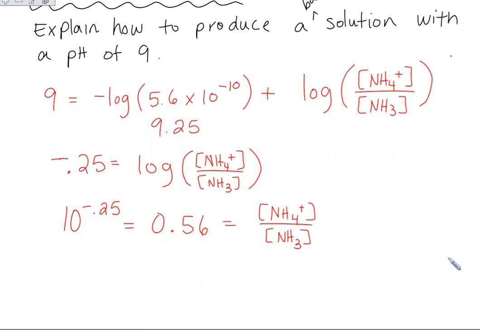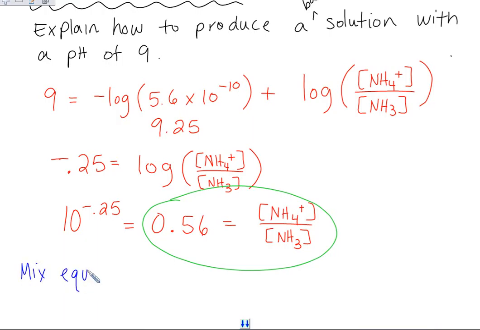Okay, so now here's where we can explain how to make the solution. They're not going to ask for a specific molarity. I don't know exactly what molarity, but I know that I need a ratio of molarities that would give me 0.56. The easiest way to explain this is maybe to say mix equal volumes, usually 500 milliliters of each or a liter of each.